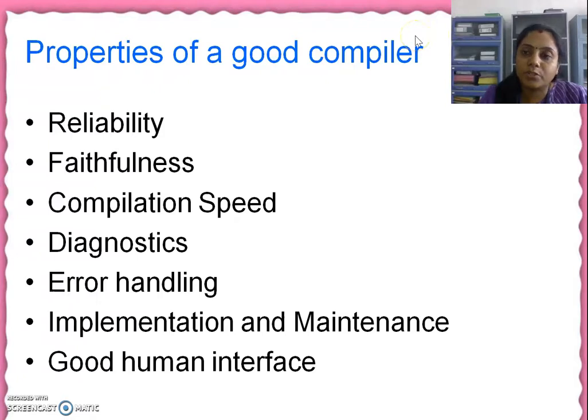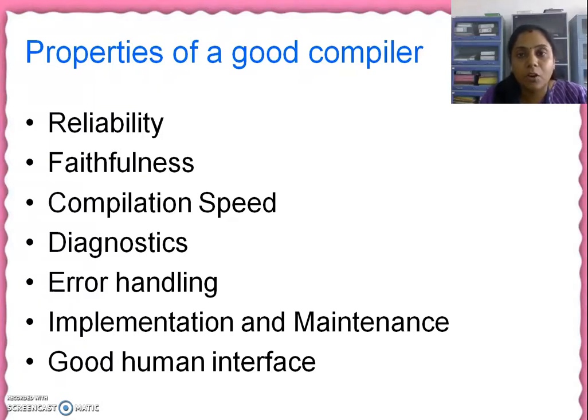There are a few good properties of any compiler. The compiler should be reliable, meaning it should give a consistent conversion of your source program to machine language code, achieving faithfulness. The speed of compilation should be high, or at least average, in order to convert the program easily. Then diagnostics: the compiler should be able to diagnose errors when and where they occur.